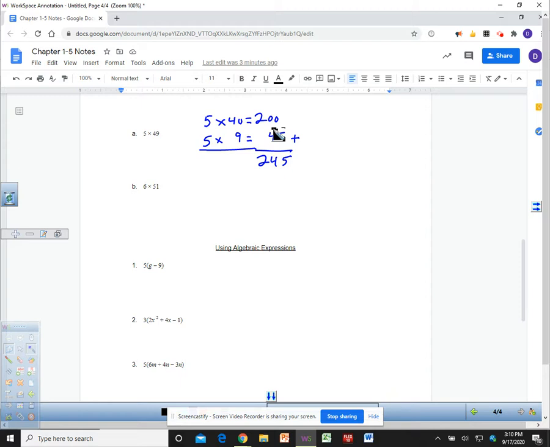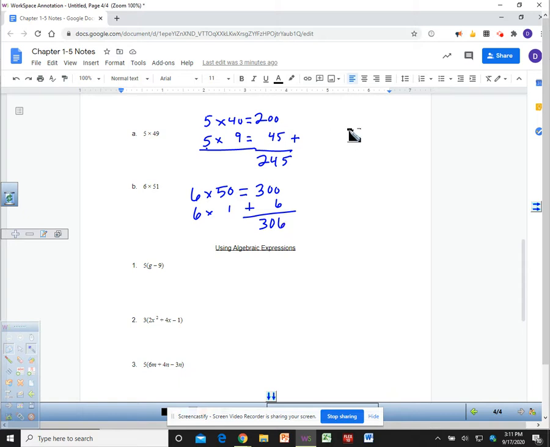And it works with any of them like that. If we try another one, 6 times 51, I'm going to treat that as 6 times 50 and 6 times 1. 6 times 50 is 300. 6 times 1 is 6. So the combination is 306.